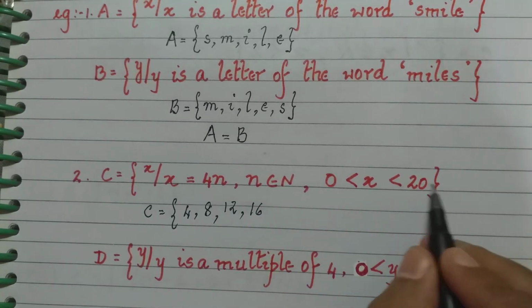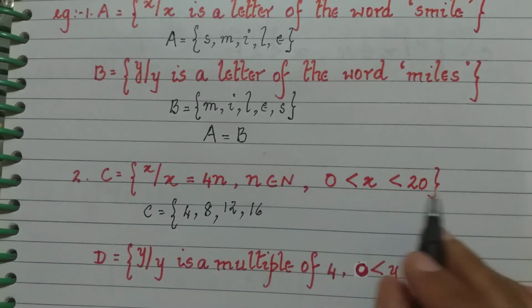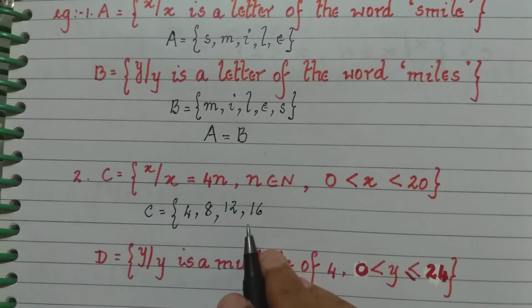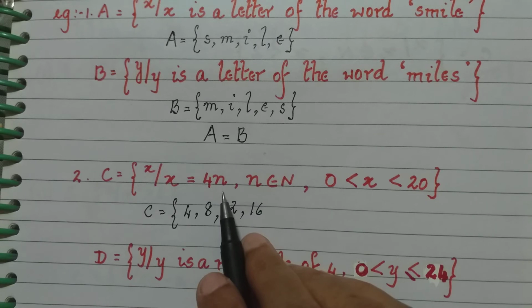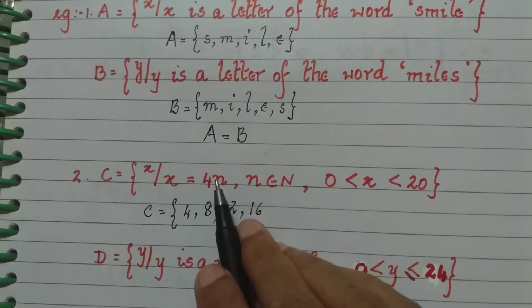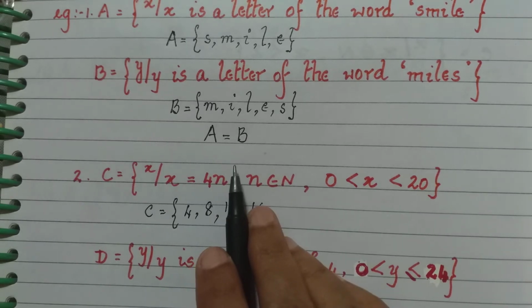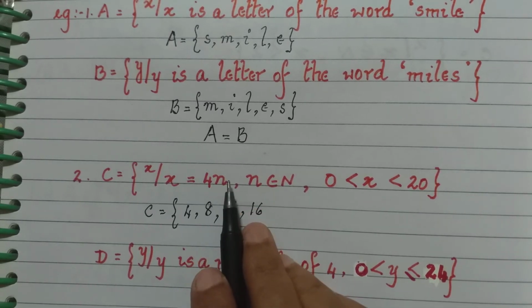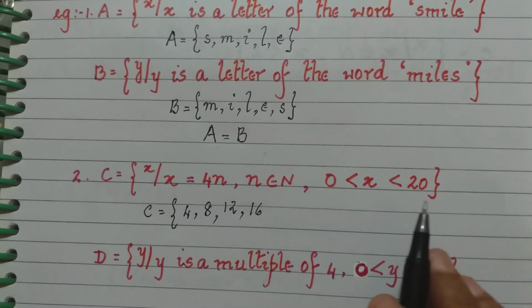Again I look at this condition here. I have to see that x lies between 0 and 20. Till now it is lying between 0 and 20. But if I put the value of n as 5, although 5 is a natural number, 4 into 5 is 20, and x has to lie between 0 and 20.